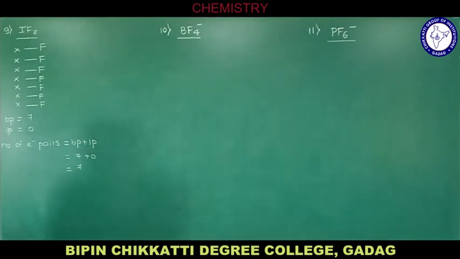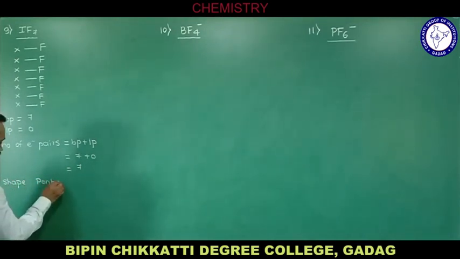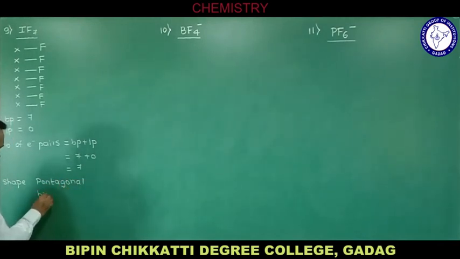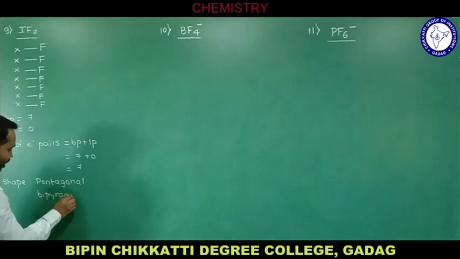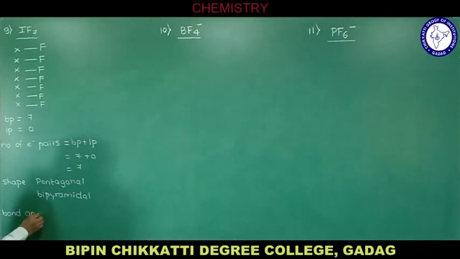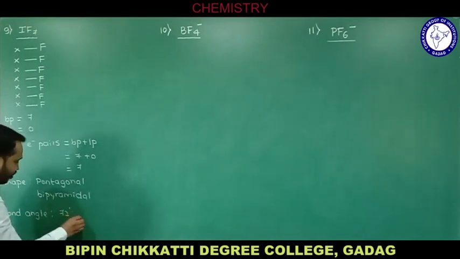If we have 7 bond pairs of electrons, the shape of the molecule is pentagonal bipyramidal. Pentagonal bipyramidal will be the shape, and in pentagonal bipyramidal we have 2 different kinds of bond angle.